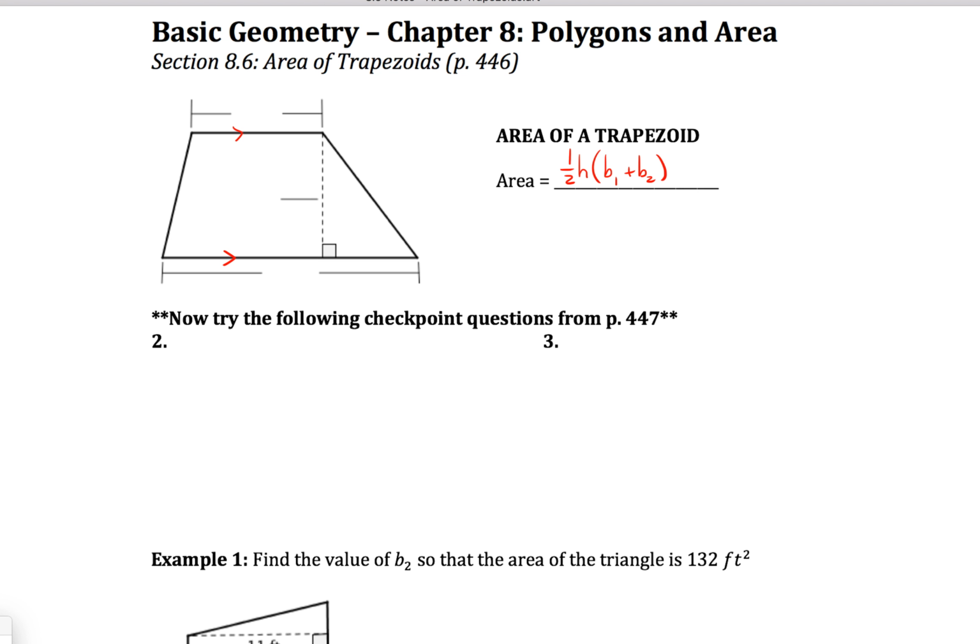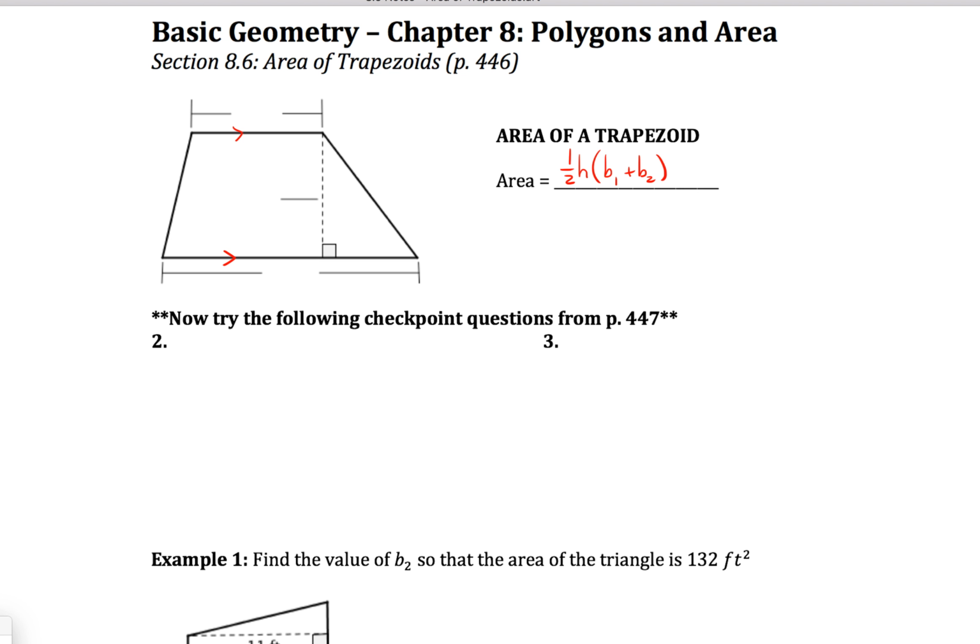So what are we talking about with all these letters? Well, if you look again over here at this trapezoid, remember we said that the parallel sides are called the bases. Since it would be a little bit confusing to just say b plus b, some people might think that means the same number twice, we label the bases as base 1 and base 2, or b1 and b2. And it doesn't matter which is which.